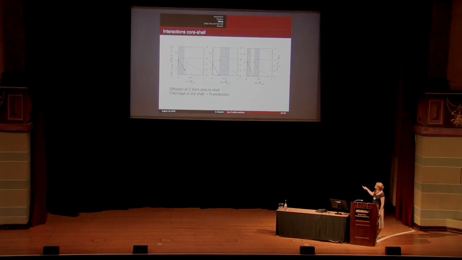The shell becomes convective. The energy generation jumps by about 3 orders of magnitude. It almost shuts off the core. And then the profile settles back to a more normal convective core and convective shell profile that we are used to in normal metallicity stars.